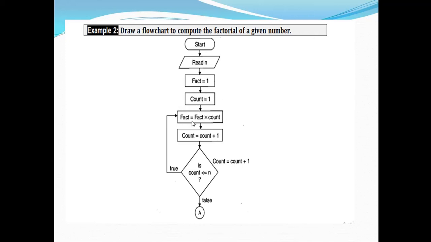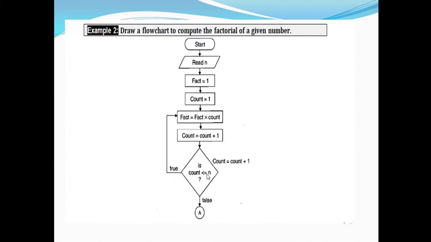So here we are calculating the factorial. Fact is equal to fact into count. Every time, we are multiplying the fact value with count, and also we are increasing the count value by 1 for every iteration. That is, count is equal to count plus 1. Every time we are increasing it.